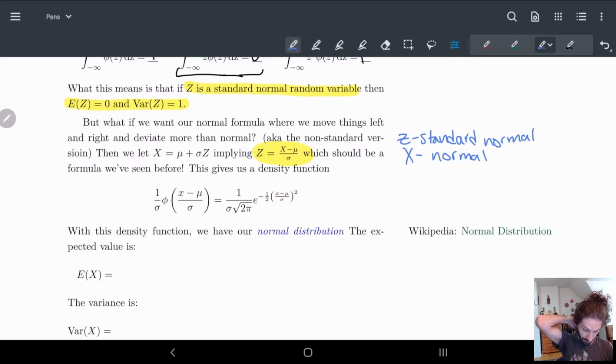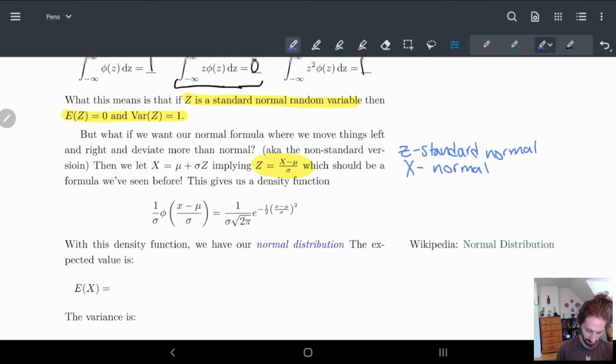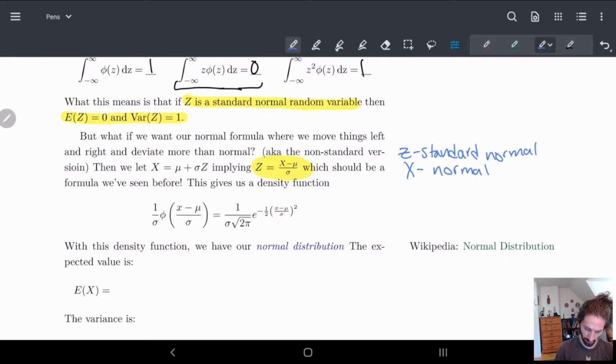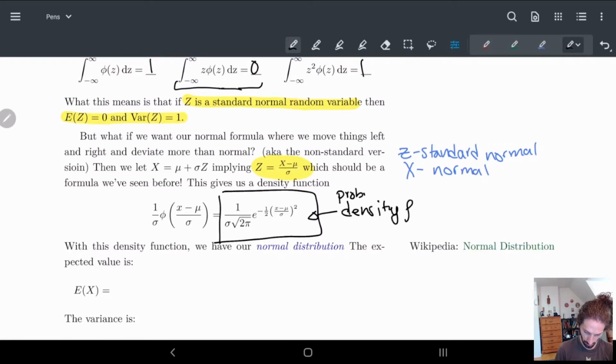And then looking at this in our formula, how do we plug this in? Well, the density function was basically just equal to this thing. This is the probability density function for x.